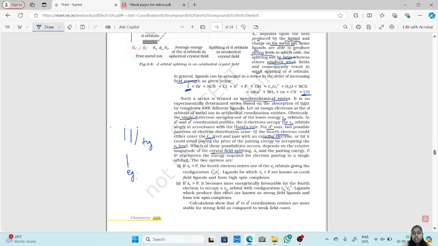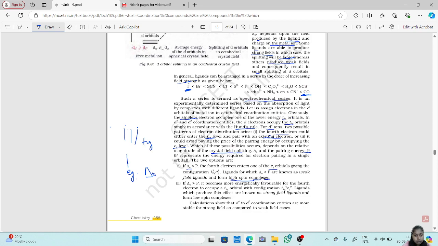The pairing energy is given by P. Let's see, if P is greater than delta naught, the fourth electron enters one of the eg orbitals, giving the configuration t2g3 eg1. Ligands for which delta naught is smaller than P are known as weak field ligands and form high spin complexes. Delta naught is the crystal field splitting.